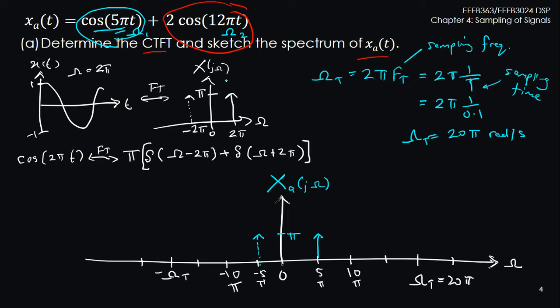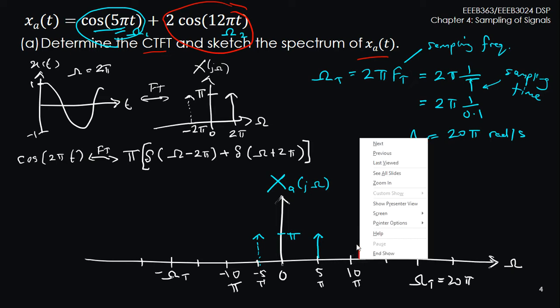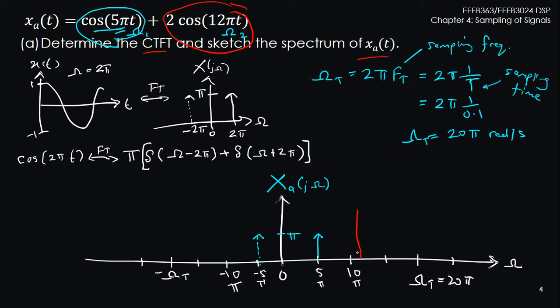To differentiate it, we have the second cosine component located at 12 pi. So 12 is somewhere here. You see I'm putting it a little bit higher because we have 2 here. Over here, this is located at 12 pi. And the magnitude here, instead of just pi, will be 2 pi because of the magnitude 2 in the second sinusoidal component.